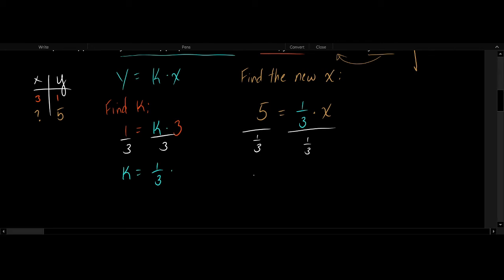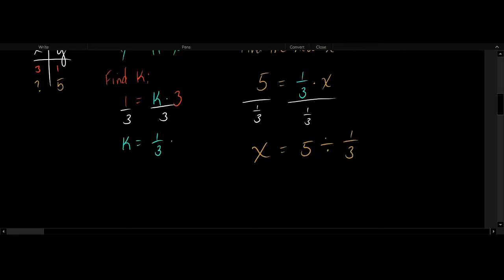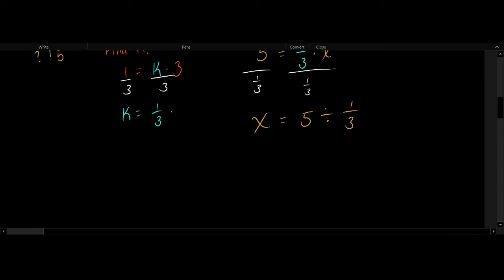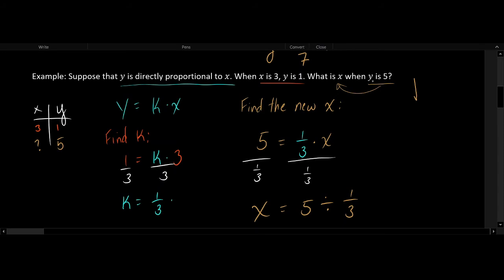So it may be easier to write this as x equals 5 divided by 1/3, here using this division symbol. Because for me, it's a little bit easier when I see that division symbol to remember that I can multiply by the reciprocal, and I get x equals 15. X equals 15 is the x value that is associated with this new y of 5 for this particular problem.